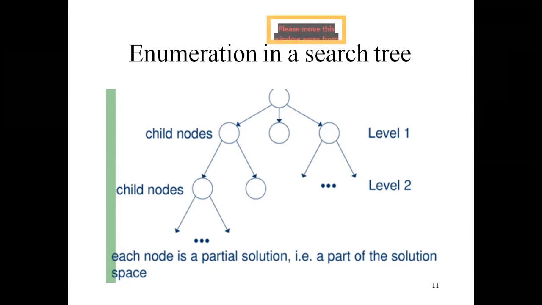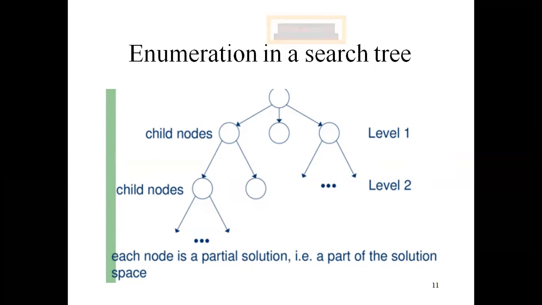So for any problem, we have the initial state, the goal state, and the intermediate states to reach your solution. In generating the solution, there are some states. We need to move from the initial state to the goal state.